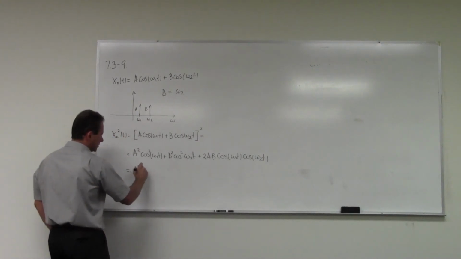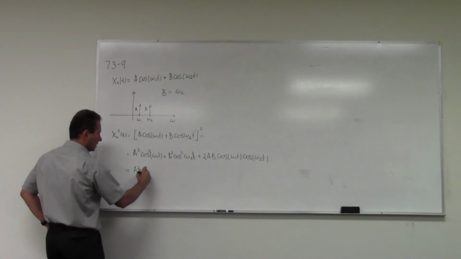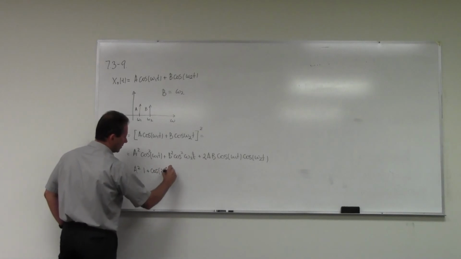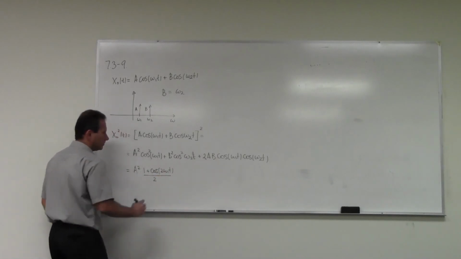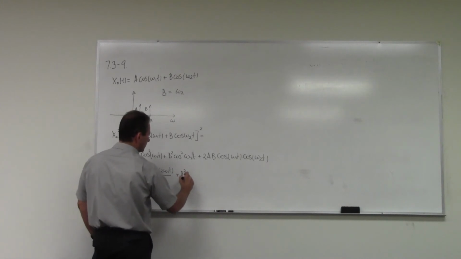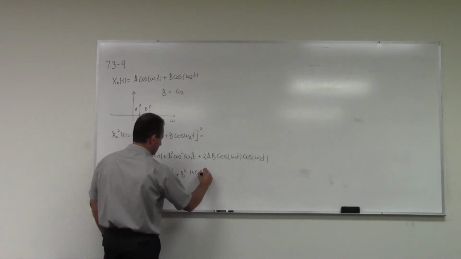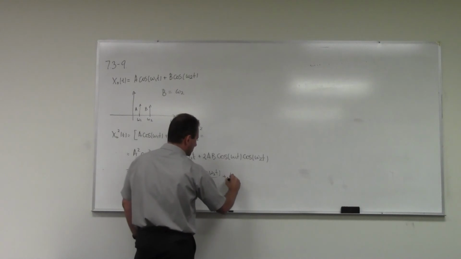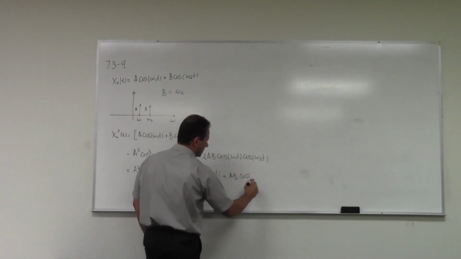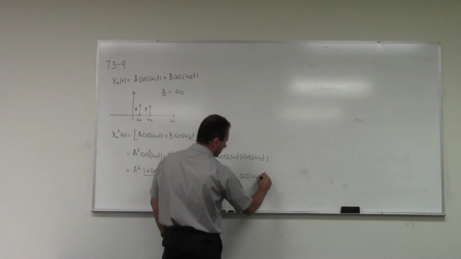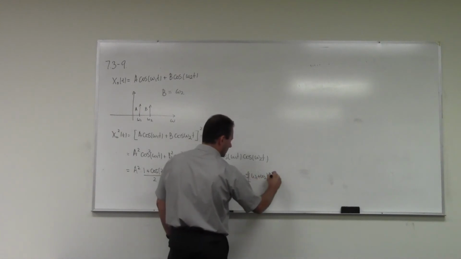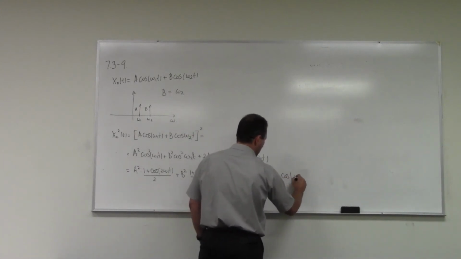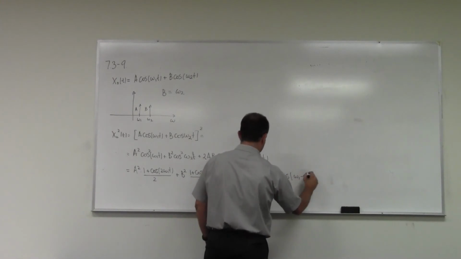So this is now equal to a squared times (1 plus cosine 2 omega 1t) divided by 2, plus b squared times (1 plus cosine 2 omega 2t) divided by 2, and then plus ab cosine (omega 1 plus omega 2)t, and then plus ab cosine (omega 1 minus omega 2)t. Right.